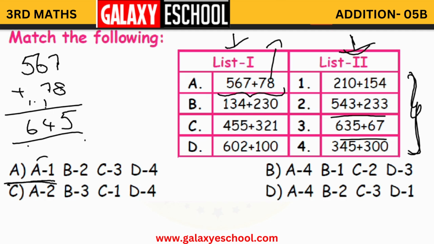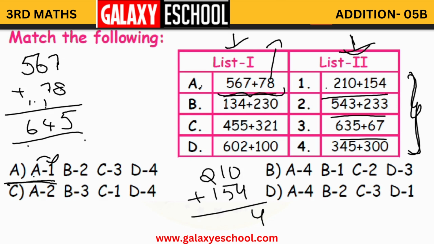Option A says A can be 1. Now look at A and look at 1. If you look at 1, 210 plus 154. What will the answer be? 4, 6, 3. 364. Is it the correct answer? No. So option A is wrong.